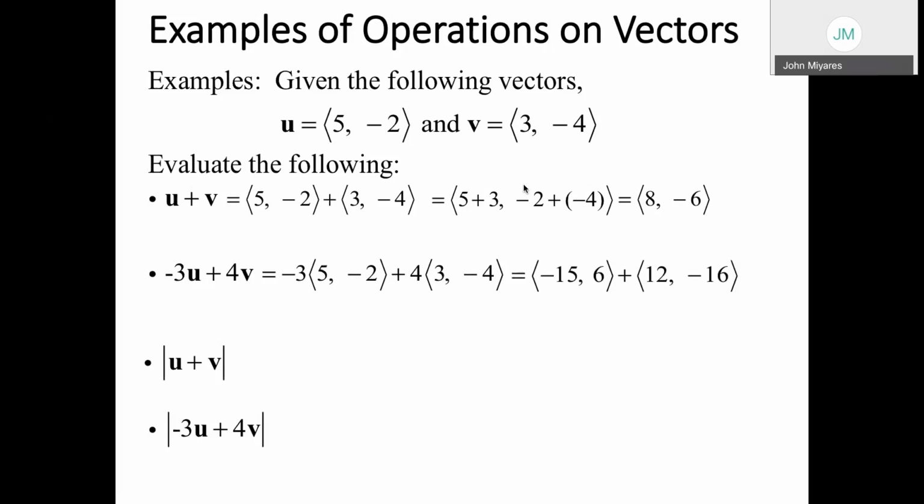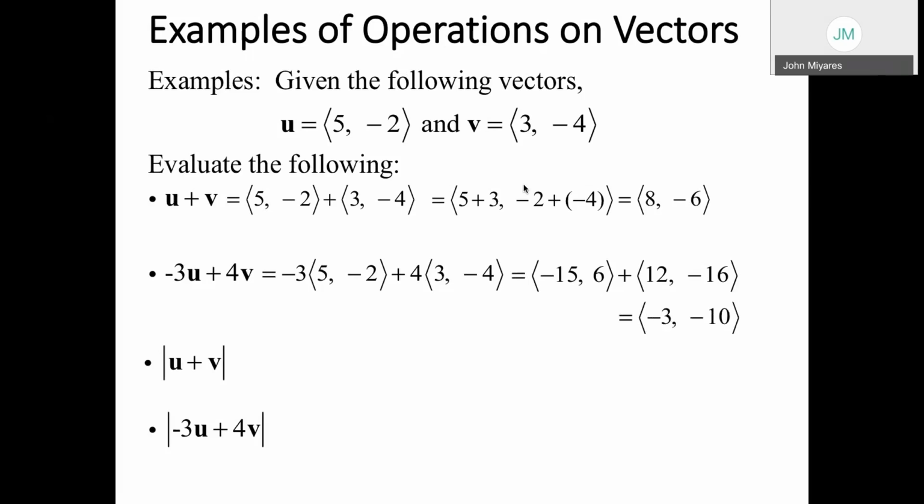Distributing -3 times the vector u will give you -15, 6 inside the angle brackets, and 4 times vector v becomes 12, -16 inside the angle brackets. Combining the corresponding components gets us a horizontal component of -3 coming from -15 plus 12, and a vertical component of -10, which comes from 6 plus -16.